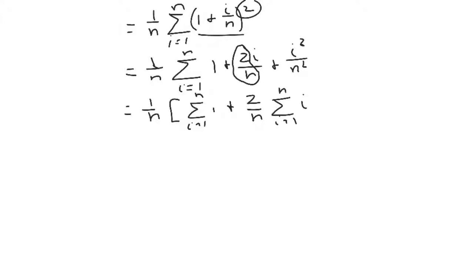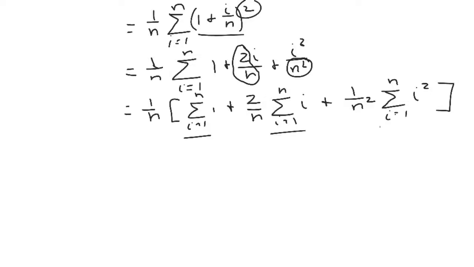And then plus, this is my constant in the denominator, like so. Now, what I'm going to do is evaluate each of these three. This is property number 1, this is property number 4, and this is property number 5.